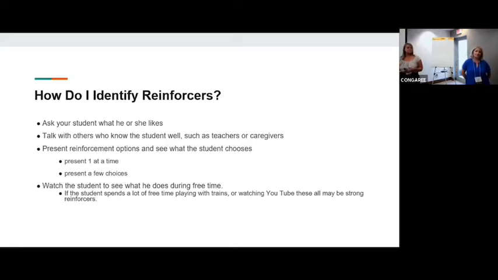And especially even with some of our kids with autism, when we say, what do you like, or what do you want to earn, they might have just learned to say the computer. But really, if you gave them those two choices, like Christy just said, they might pick something else every time. So even if they are vocal, go ahead and give them those options and expose them to new things.